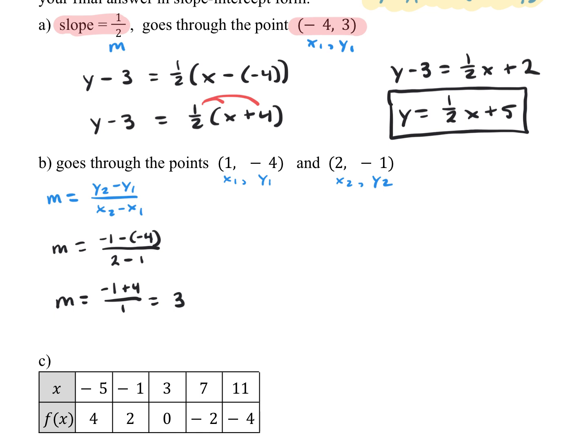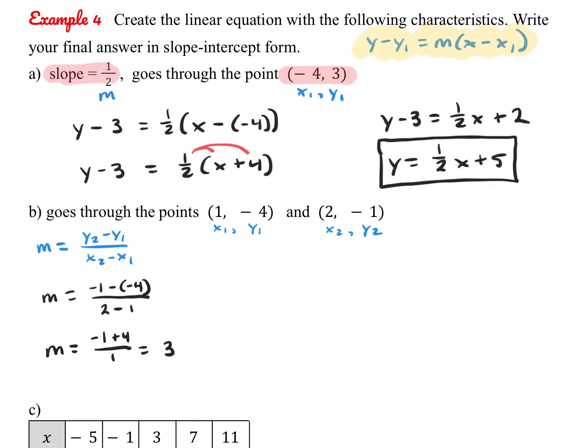Now once you have the slope, you can actually pick either point, and then we're going to use our point slope form, which is right up here, to make our graph. I'll just use this first coordinate, but either one will give you a correct answer. So we have y minus y1, which is -4, equals m, which we found to be 3, times x minus x1, which is 1.